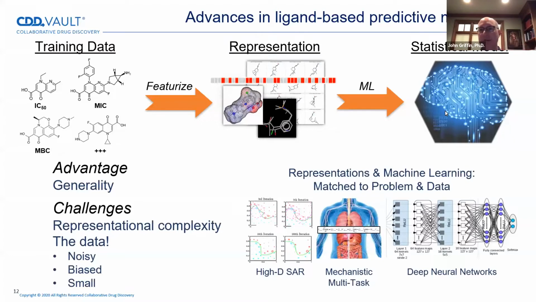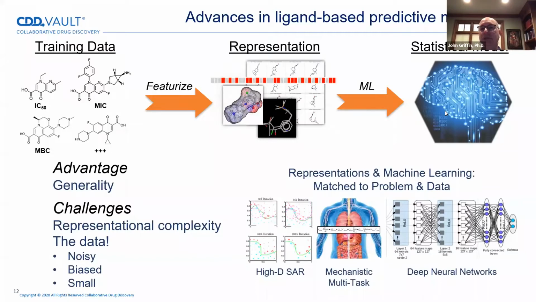And so as a complement to Jeff's introduction to structure-based methods of various kinds, ligand-based modeling is where training data for molecules that have properties of interest or not of interest are used to curate training sets. We can then take these training sets and apply different methods of ways to represent that information in a way that a computer can understand.